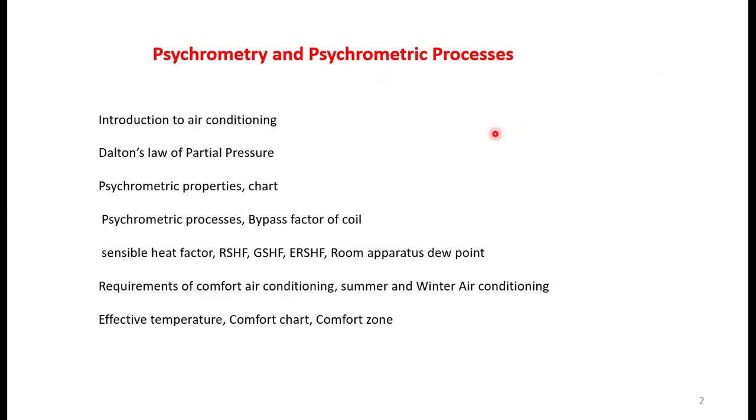Because as the name suggests, it is refrigeration and air conditioning. So half of the part, that is unit number 1, unit number 2, and unit number 3, essentially deals with refrigeration. And unit number 4 and unit number 5 are for air conditioning. In refrigeration, we know that it is the process where we are interested in maintaining a temperature in some specified region, some specified area of interest.